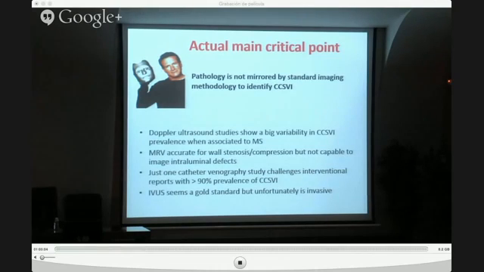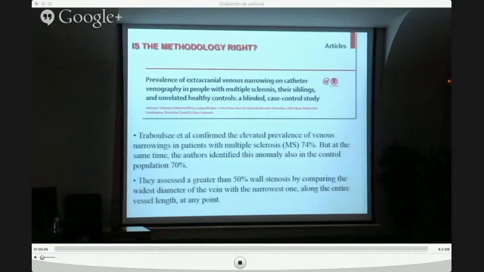This is the study which was published last January in the Lancet, by a Canadian group, which confirmed the elevated prevalence of venous narrowings in patients with multiple sclerosis, 74%, but at the same time, the authors did not assess a significant difference with the control population.